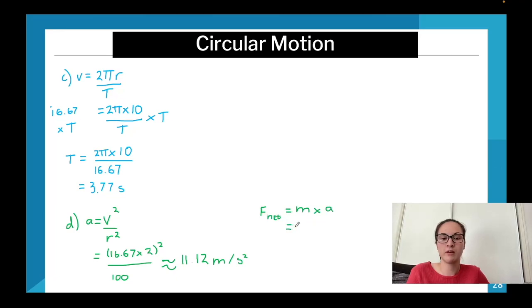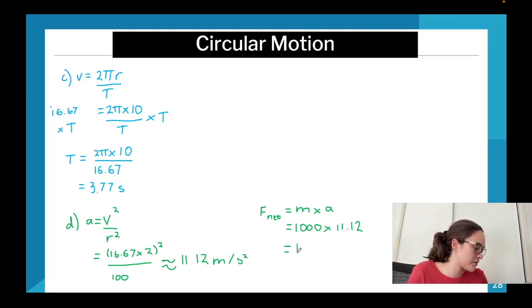And our mass will be 1,000, yeah, 1,000, multiplied by that acceleration, which is 11.12. And we get 11,120 newtons.